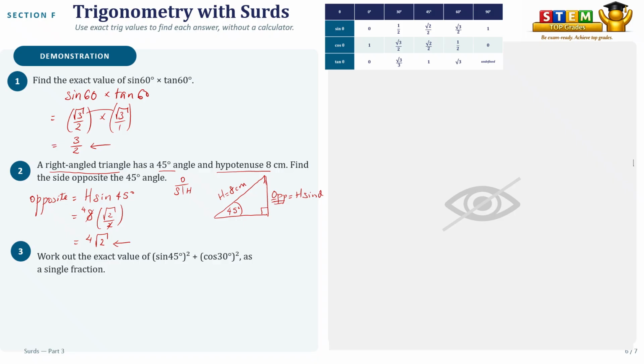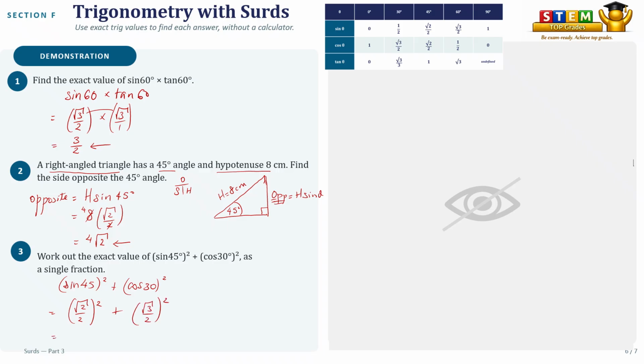Finally, work out the exact value of sine 45 squared plus cos 30 squared. So I'm going to write it here. Sine 45 squared, and then you're going to get cos of 30 squared. As you can see from the table, sine 45 is root 2 over 2, which you're going to square, and cos of 30 gives you root 3 over 2 squared.